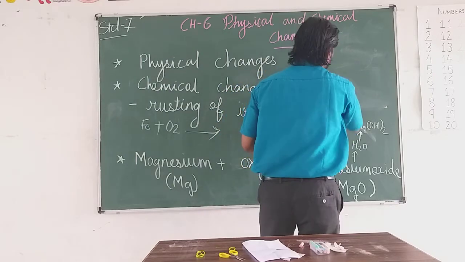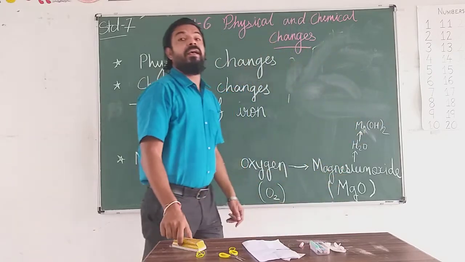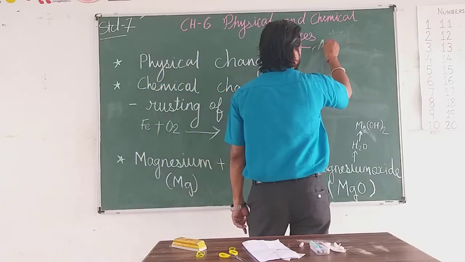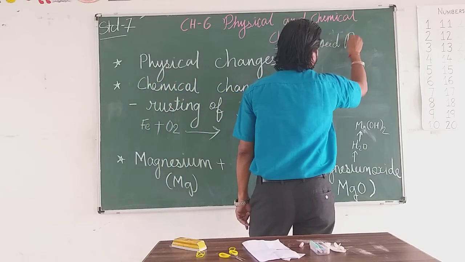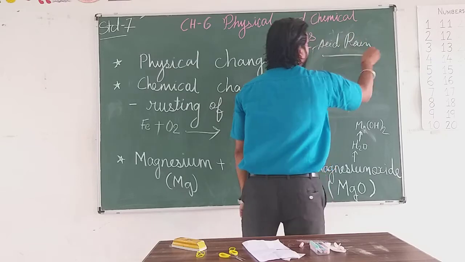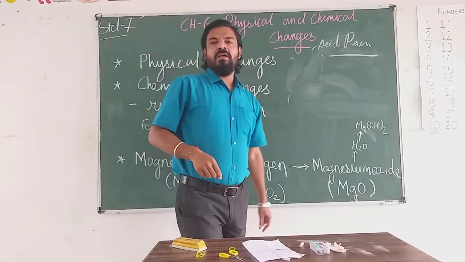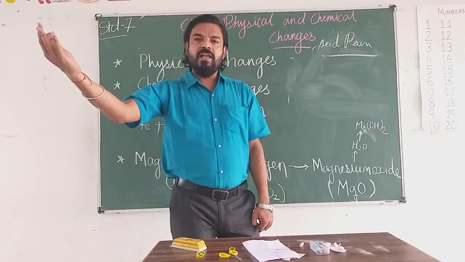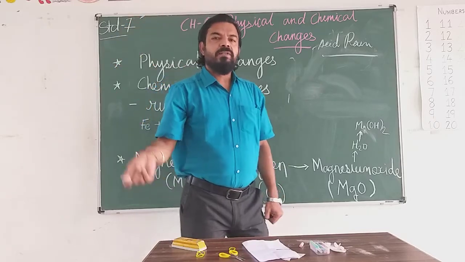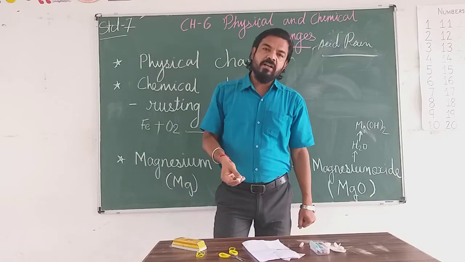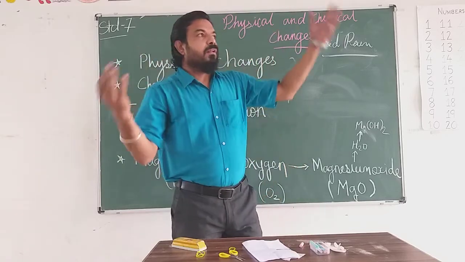We understood about acid rain, is it? In the last chapter we understood about acid rain. This acid rain similarly has the same situation. Sulfur dioxide is present in the environment, and water comes from where? From the clouds.